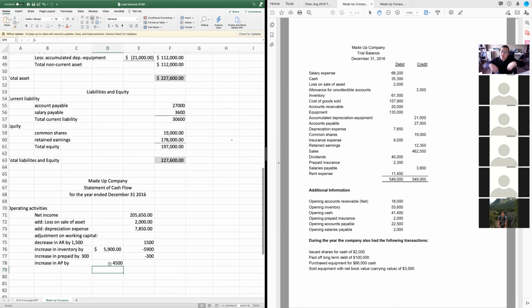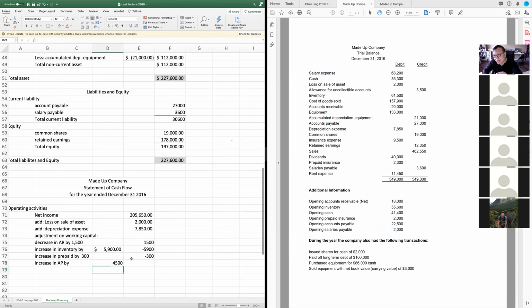So your liability increased 4,500. Are you saving money or are you using money? Using money. If you use money, you should not have liability, right? Only when you save your money, right?